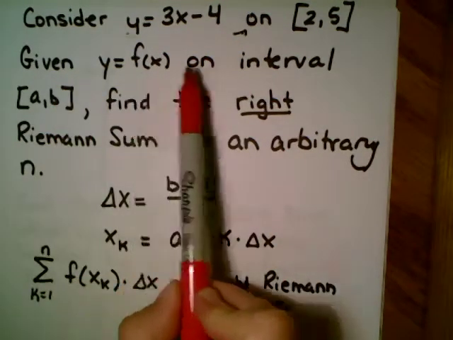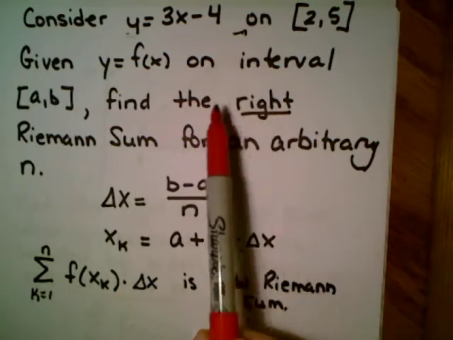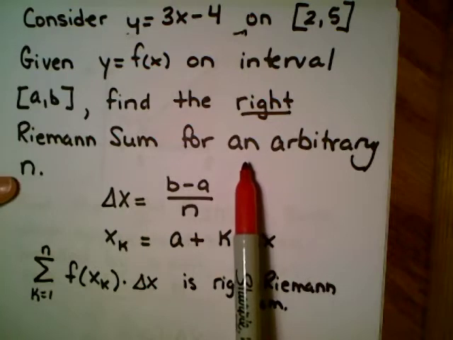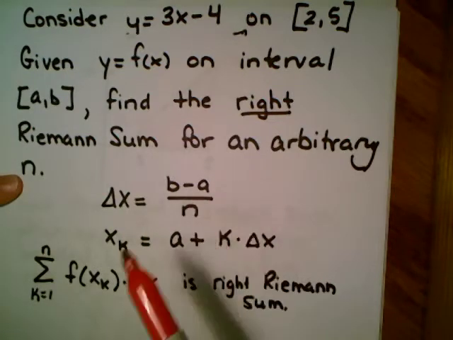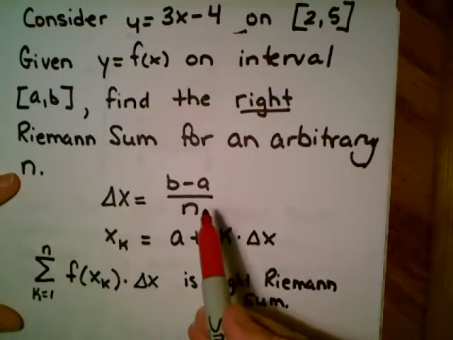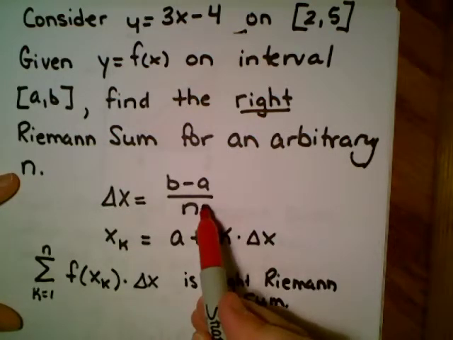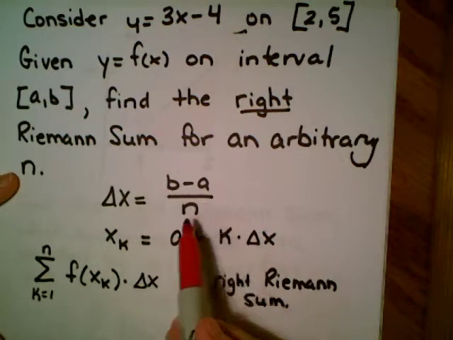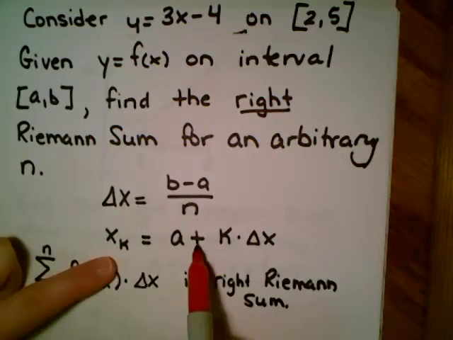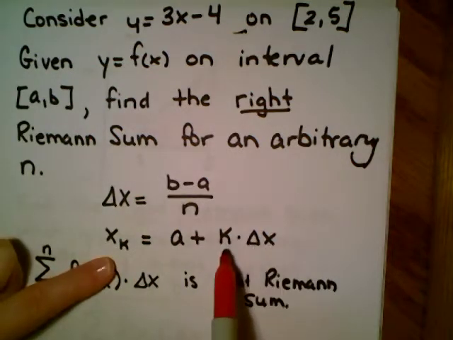Given any function on a closed interval a to b, we find the right Riemann sum for an arbitrary number of intervals n by using the expression delta x, which is created as this ratio, b minus a over n, using the grid points x sub k, where each x sub k is a plus k times delta x.